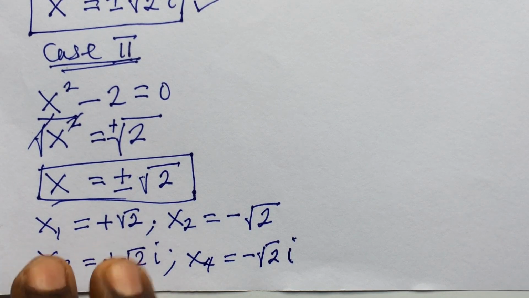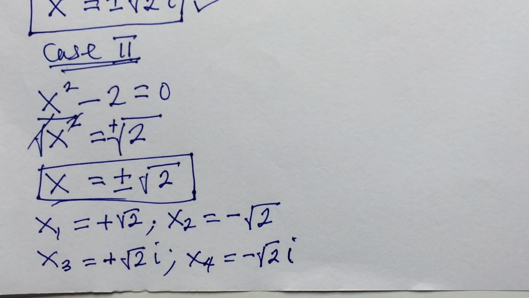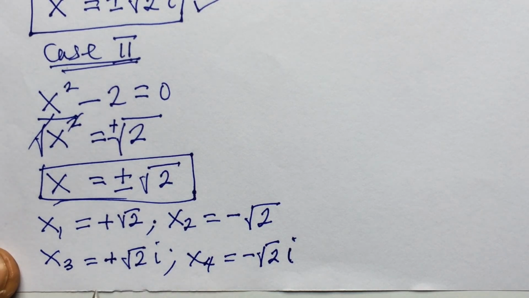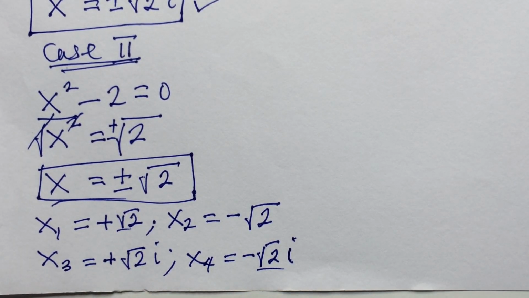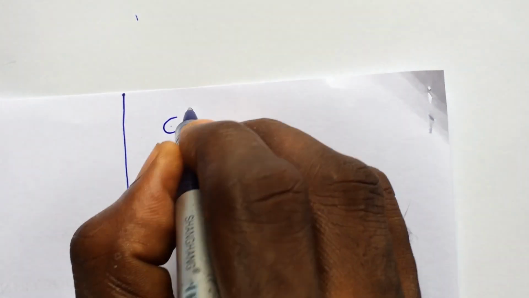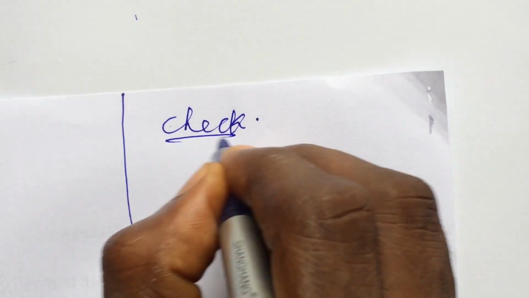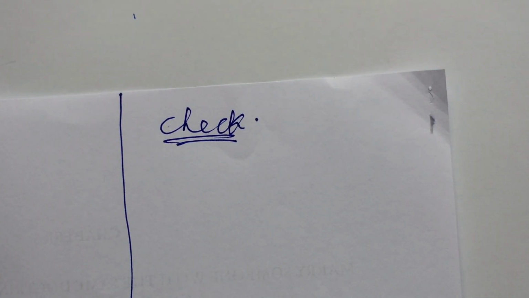All right, now let's check if our answers are correct. I'm going to take the first positive root and the negative imaginary number, and check if our answers are correct. Okay, let's check. We said we're taking the first real root to check our equation.